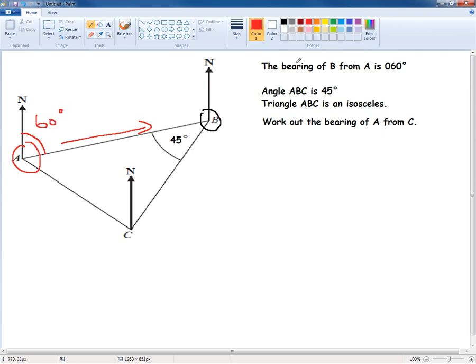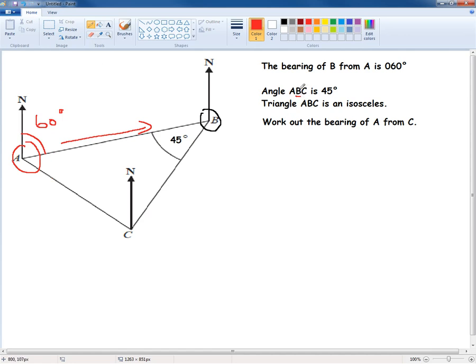The next part of the question states angle ABC is 45 degrees. Now when they write angle ABC, they're not talking about the angles of each of these points A, B and C. They're talking about the angle at the point of the letter in the middle.